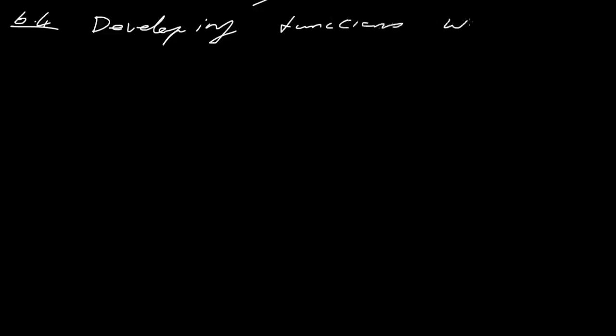Okay, the next section I see in your book is section 6.4, which is developing functions with the binomial. Okay, this section is basically how to use the binomial to write a function in a different way.